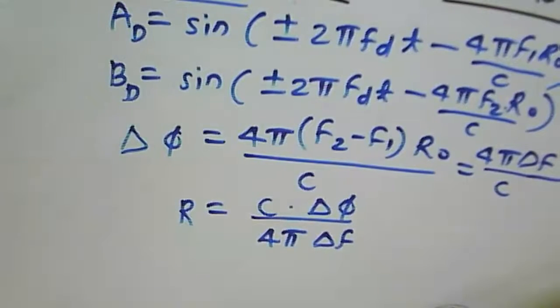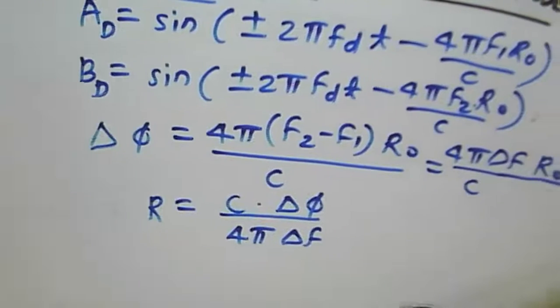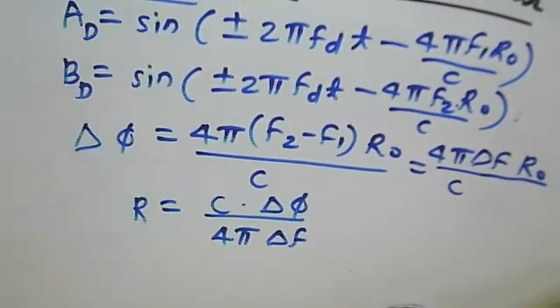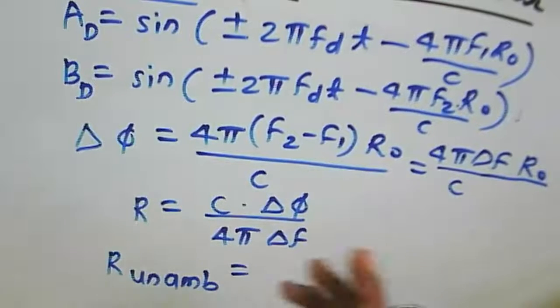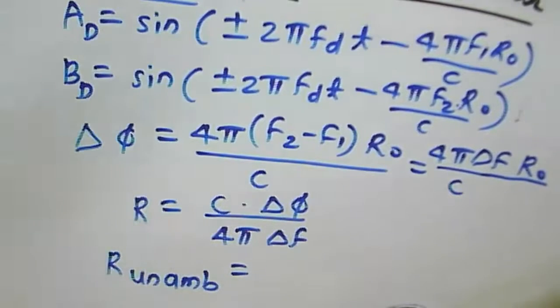So what exactly is that ambiguous range, or range ambiguity? Generally we say there is ambiguity in the value, or what will be the unambiguous range. Ambiguity occurs if the signal is received after the second pulse.